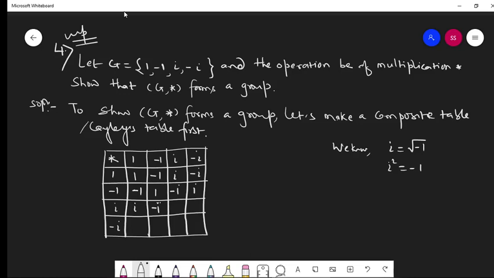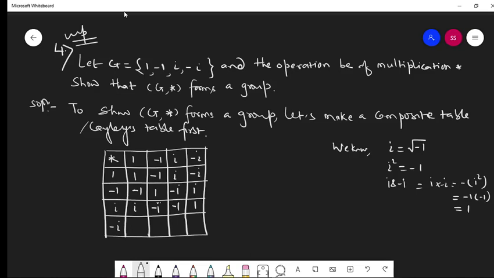And i times minus i equals minus i square, equals minus of minus 1, equals 1. So we have to remember this, note down this. i times i is i square, that is minus 1, and i times minus i is 1, as I have shown here.